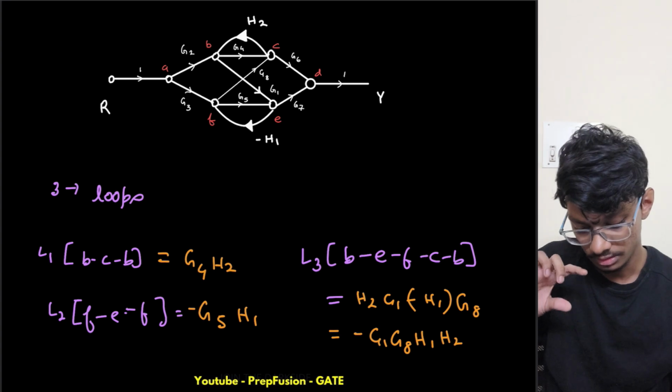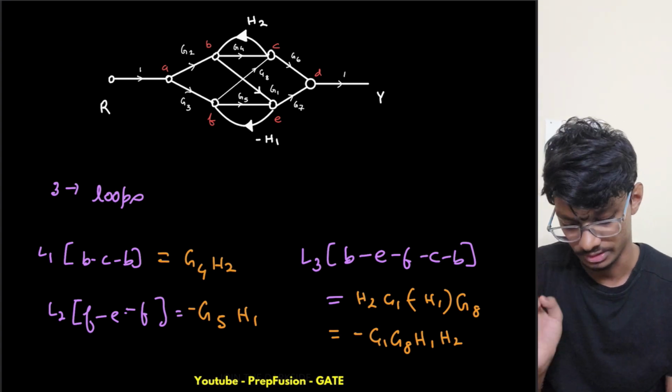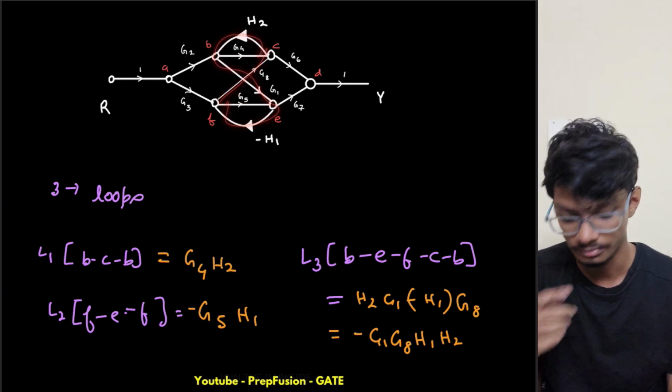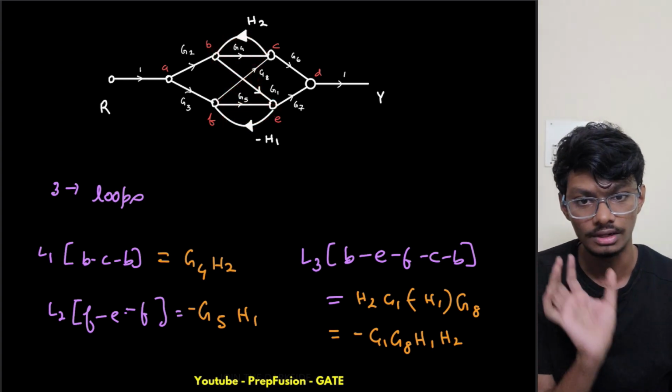So let us find, are there any non-touching loops? Yes, these and these are non-touching, but this loop is touching both of them, while these 2 loops are non-touching. This is the lengthiest question, but this will help you revise the full SFG, right?